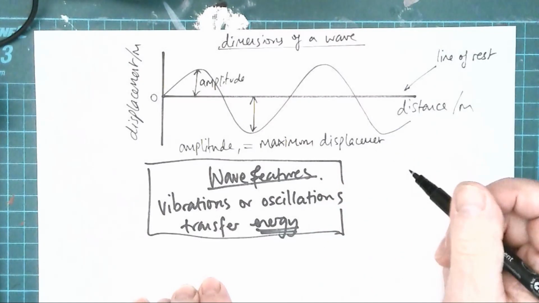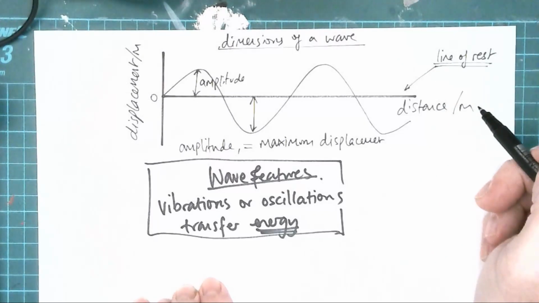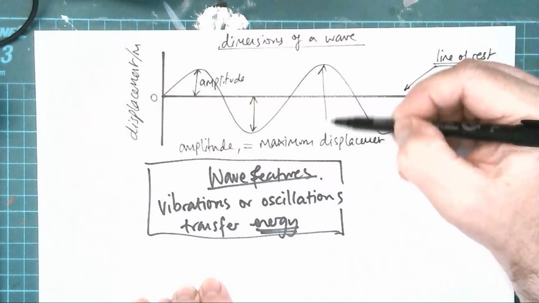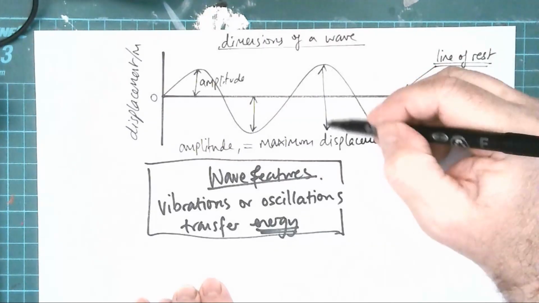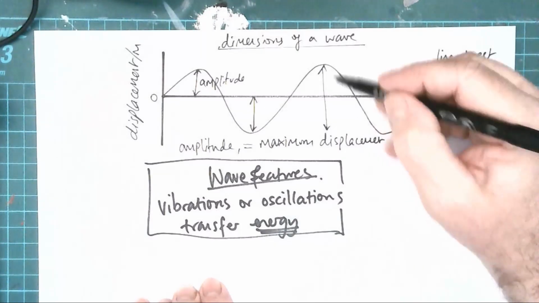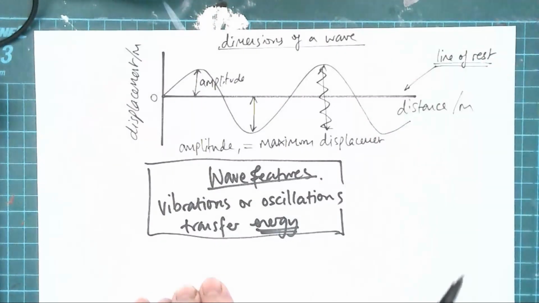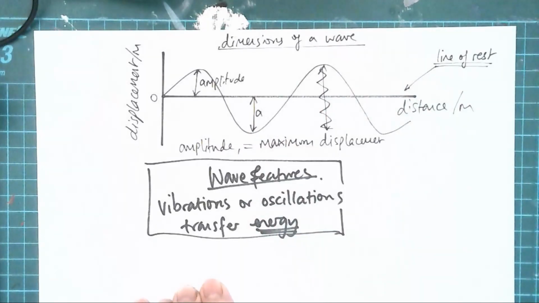It has to be measured from the line of rest. That's really, really important. Okay, a common mistake is to measure it from the top of a peak to the bottom of a trough, and that is wrong, because that is two amplitudes, if you like. We've got this bit and we've got that bit, so that is not going to be labelled in your GCSE. You can choose to measure it there or there, okay, one or the other.